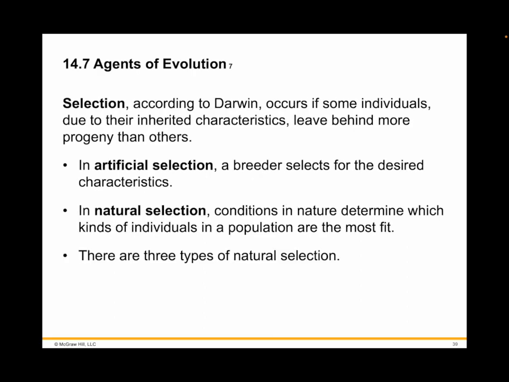Let's get into selection. Selection operates in natural populations of a species as skill does in a football game. In any individual game, it can be difficult to predict the winner because chance can play an important role in the outcome. But over a long season, the teams with the most skillful players usually win the most games.